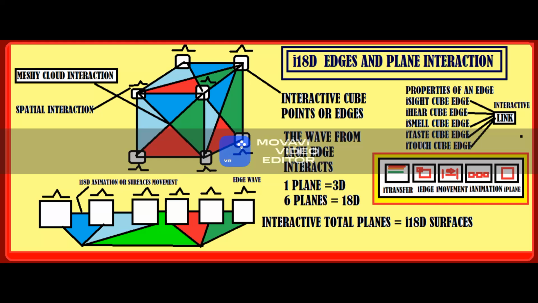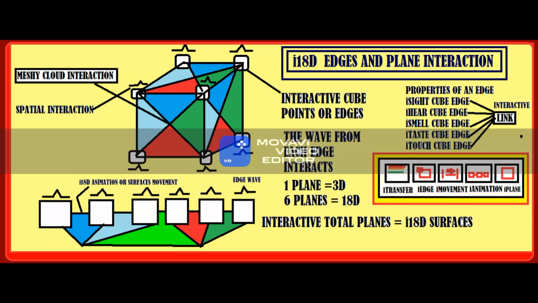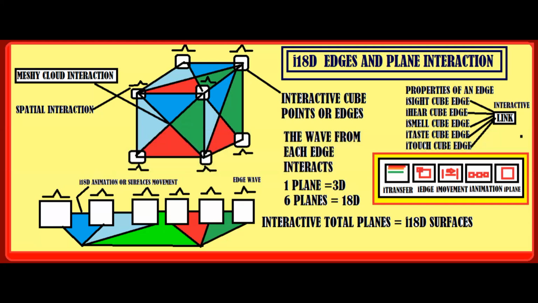And then we have so many beautiful things about this. Like we talked about meshy clouds, interactions, spatial interactions. We talked about the planar surface movement known as animation. We've talked about the edge wave. The edge wave has some properties.